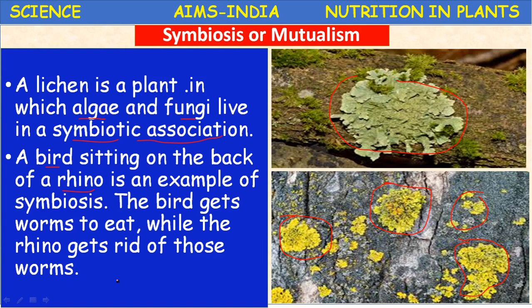Okay. Another example for symbiosis, you can take digestion, your nutrition in the ruminants. Ruminants means like cow. There are certain flagellated protozoans and some bacteria which are present in the intestine or the stomach of those animals.